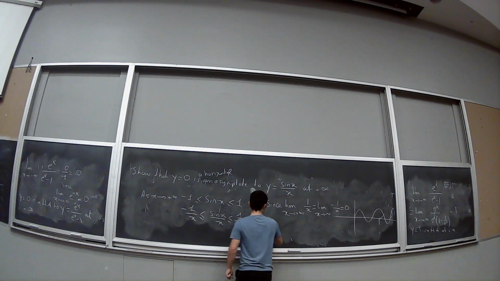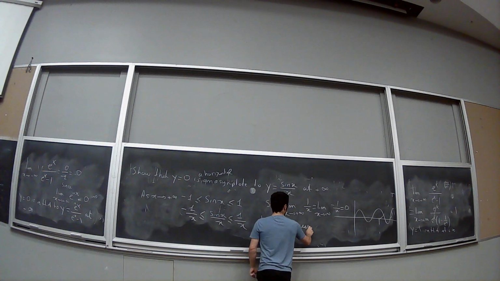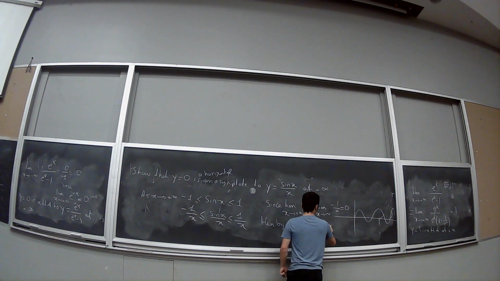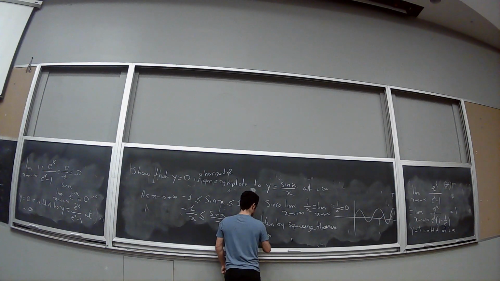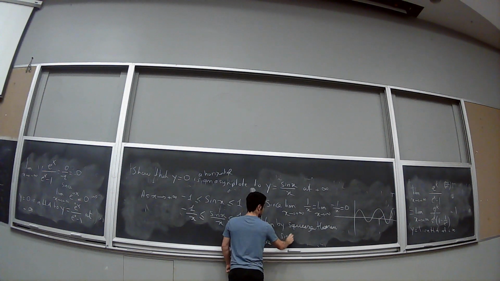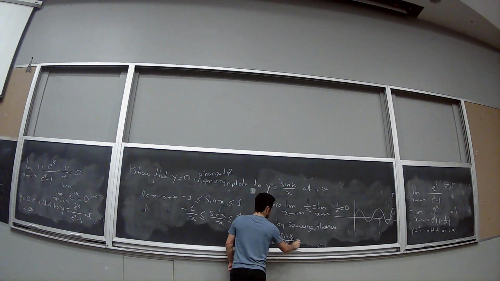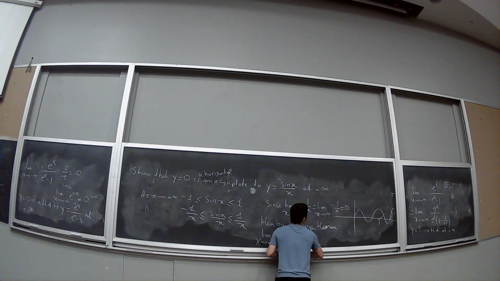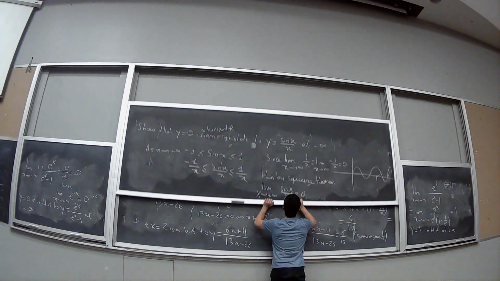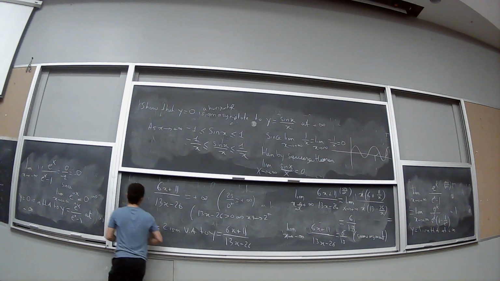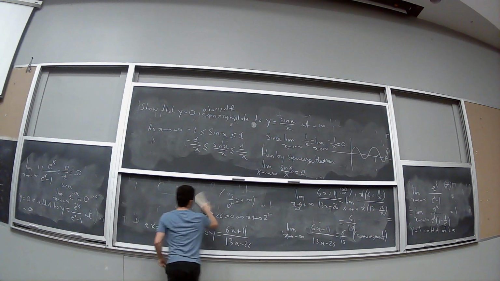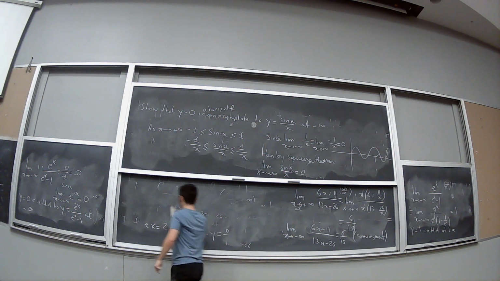Then, by the squeeze theorem, the limit of sin x over x is 0. So the line y is equal to 0 is a horizontal asymptote to the curve y is equal to f of x, y is equal to sin x over x, at plus infinity.